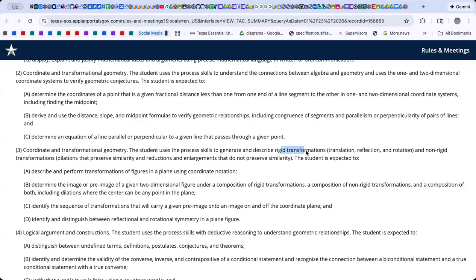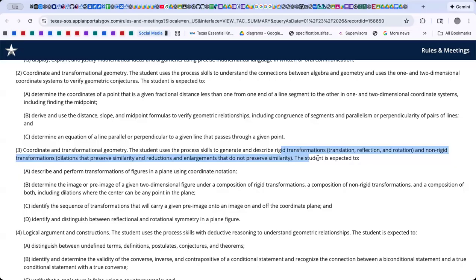Now here, rigid transformation: translation, reflection, rotation. I know that you have studied the same thing in grade 7, but what differentiates you in geometry in this transformation piece is the notations, and the main thing is glide reflections, similarity transformations, and the notations you use.